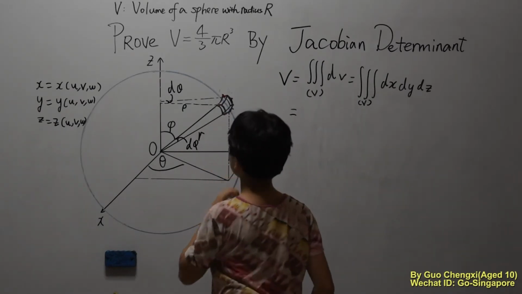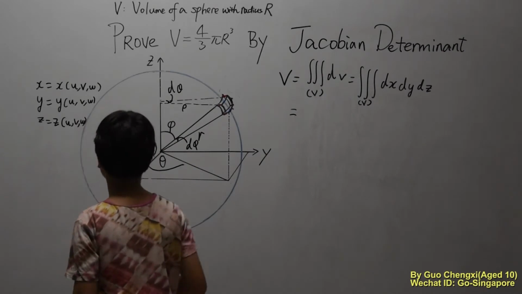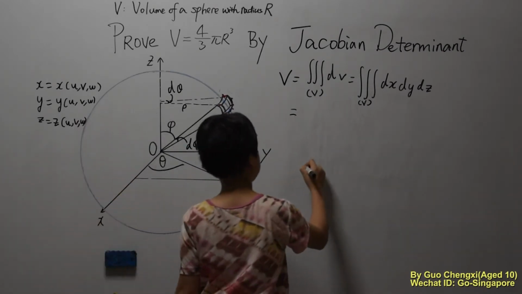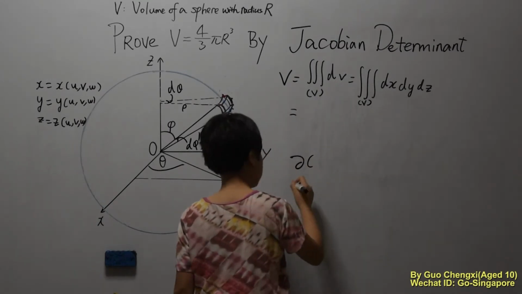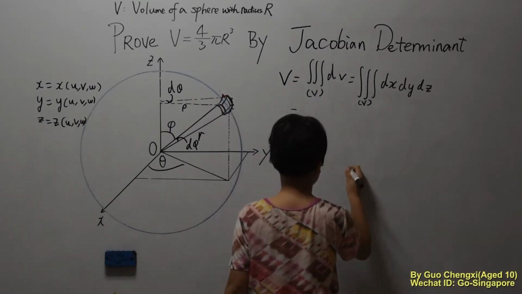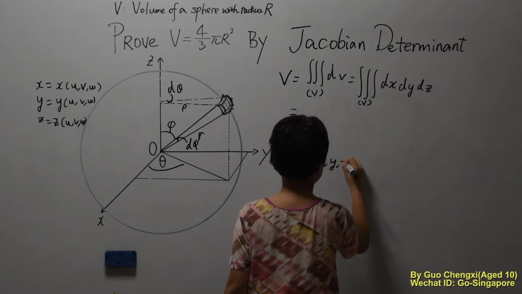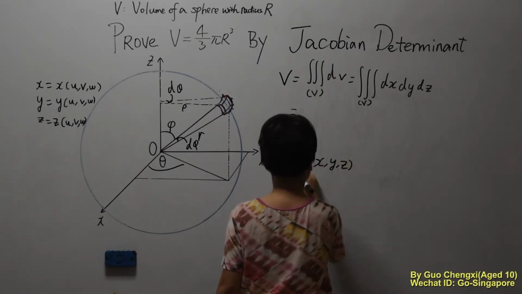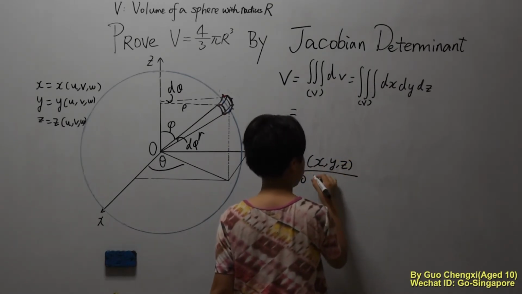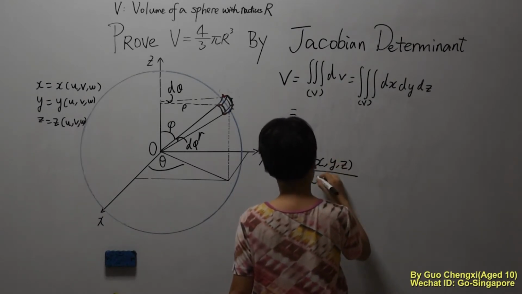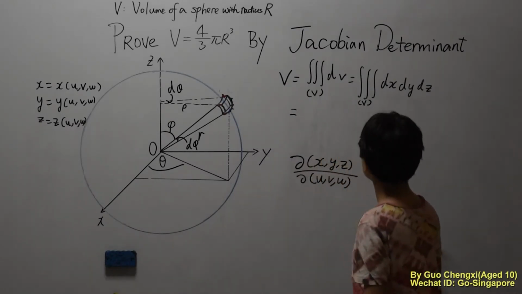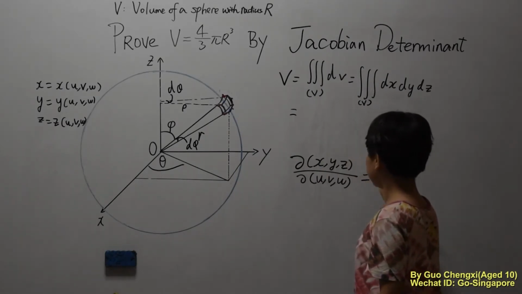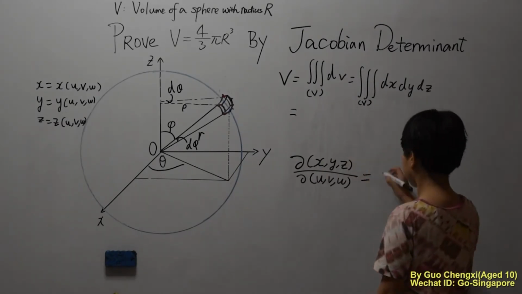So for this part, it's basically just the partial of (x, y, z) over the partial of (u, v, w). And then what will it equal?